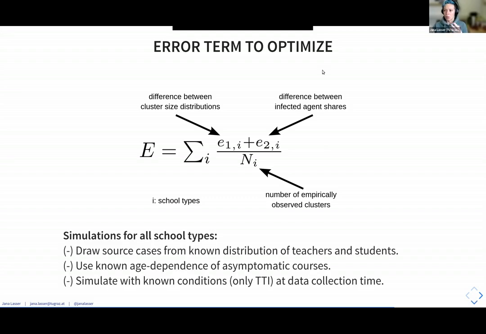And then we perform simulations for all school types, where we draw source cases from the known distribution of source cases between teachers and students. We use the known age dependence of asymptomatic infection courses, and we simulate with the known conditions in schools, namely only test, trace, isolate.